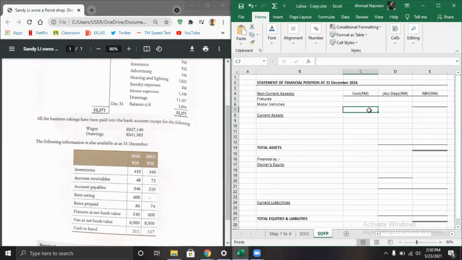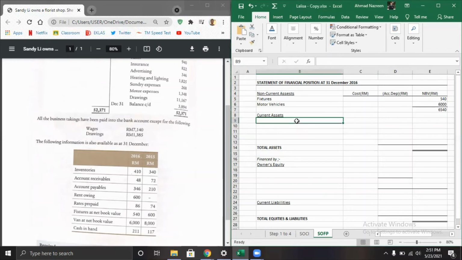The cost for fixtures is 540, and for motor vehicles 6,000. So we need to total up. So non-current asset is 6,540.